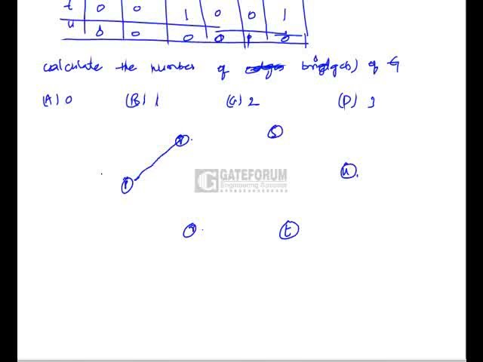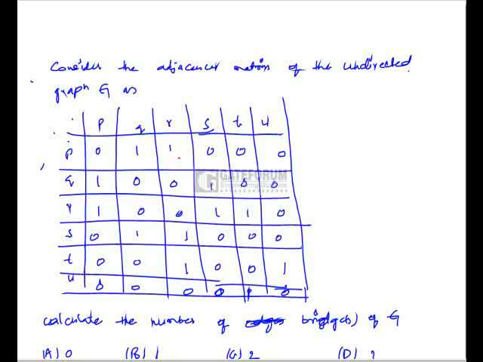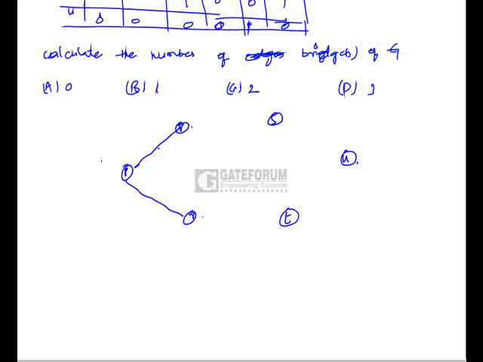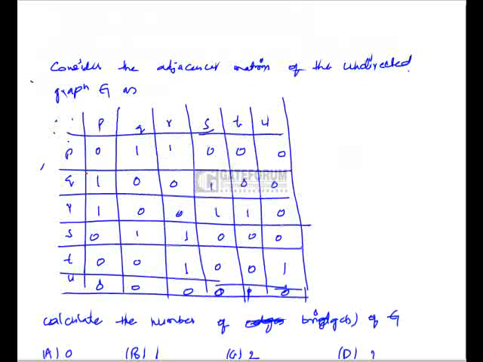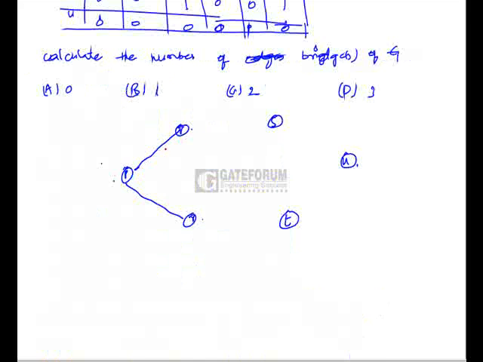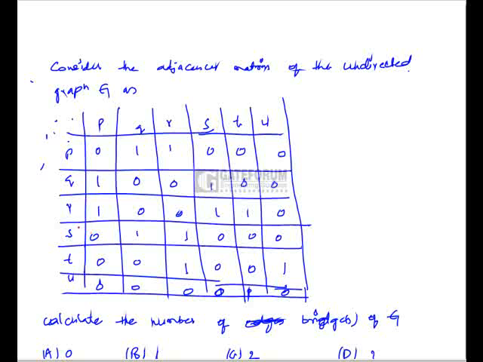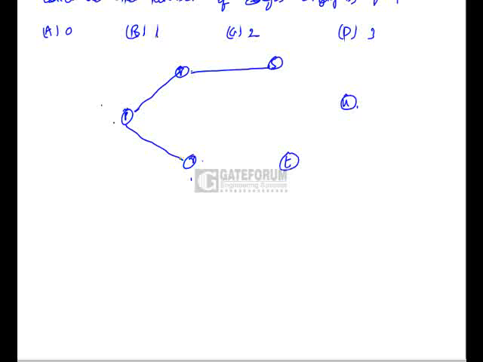There is also an edge between vertices P and R. So let us draw an edge between P and R. Let us go into row Q. There is an edge between Q and P. There is also an edge between Q and S. So here the edge between P and Q is already drawn, and we need to draw an edge between Q and S. Now let us go to the row R. There is an edge between P and R, and there is also an edge between the vertices R and S and R and T. So here P and R is already drawn.